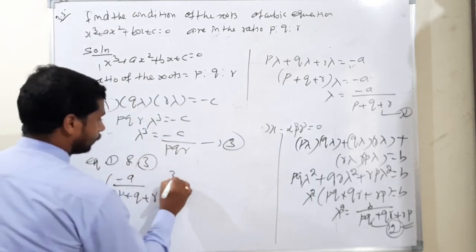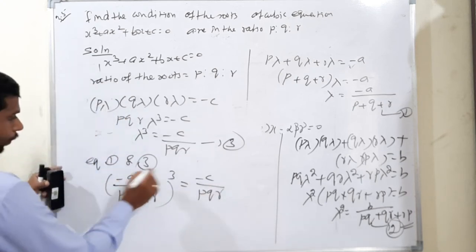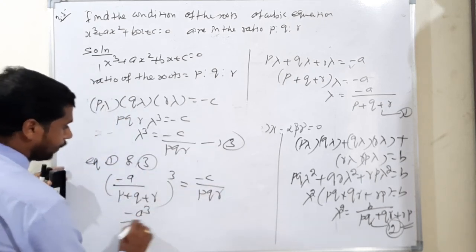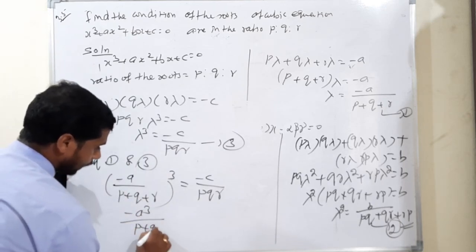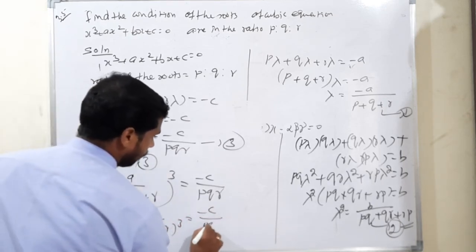Removing the bracket, minus a cube divided by p plus q plus r the whole cube is equal to minus c by pqr.